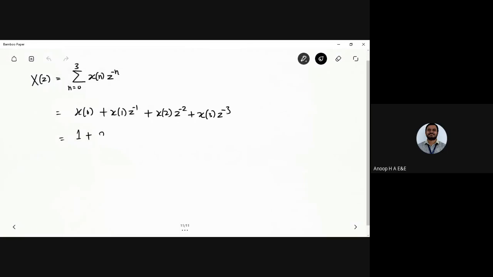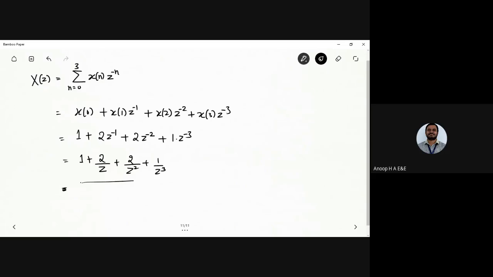Okay, so that is 2 times z power minus 1 plus 2 times z power minus 2 plus 1 into z power minus 3. That is 1 plus 2 divided by z plus 2 divided by z square plus 1 divided by z cube. I'll take the common factor, or you can just write it here itself, not a problem.